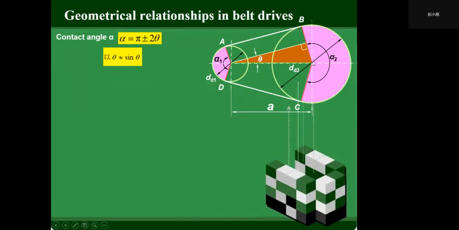And this length is the distance between the centers of the two pulleys.